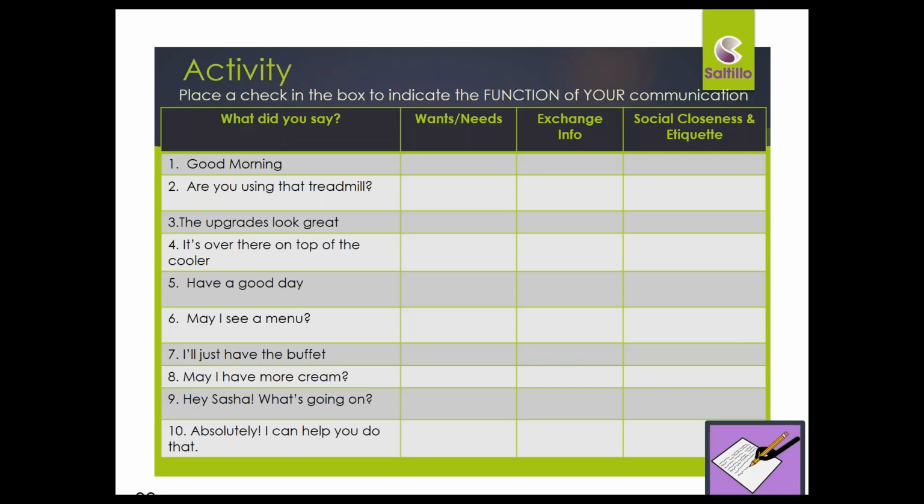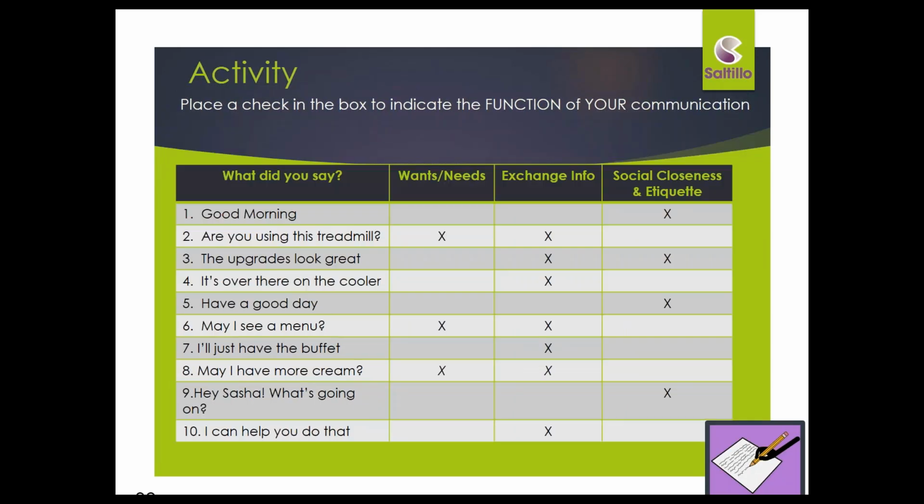And sometimes, as I'm going to show you in a second, they can overlap a little bit. So as you can see here, good morning was for social closeness and etiquette. Are you using this treadmill would be kind of like a want and need, but also more exchanging information. If you look down and see which ones you had the most of, did you have the most of wants or needs, exchanging information, or social closeness and etiquette?